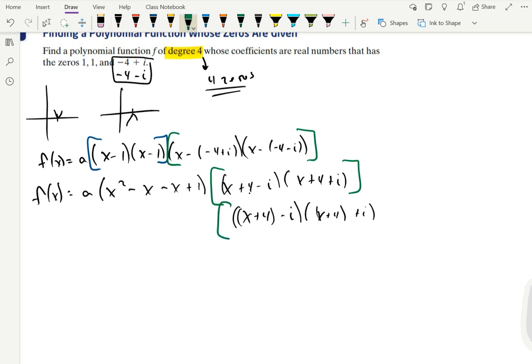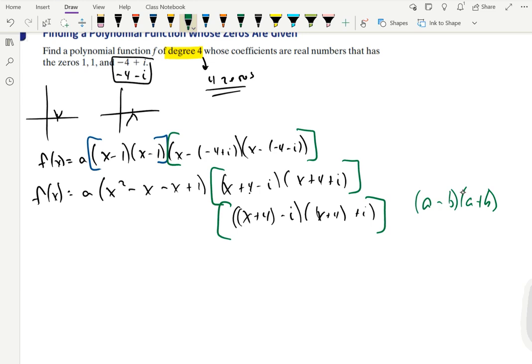If I take a look at those just as they sit, what we end up with is the format of a minus b times a plus b, where a happens to be x plus 4 and b is the i. Well, this is the special format of conjugate pairs. Conjugate pairs always give us the difference of squares.